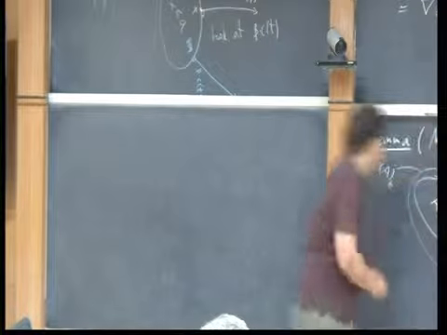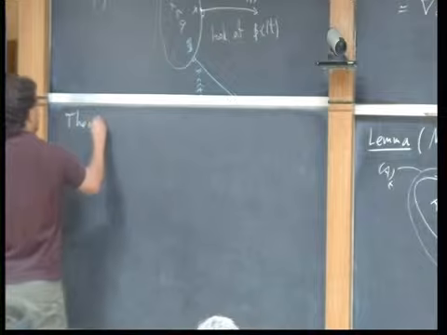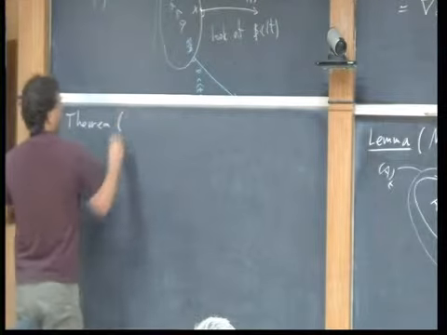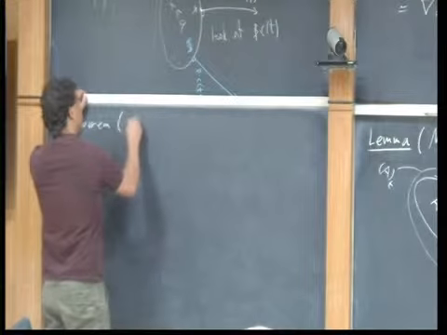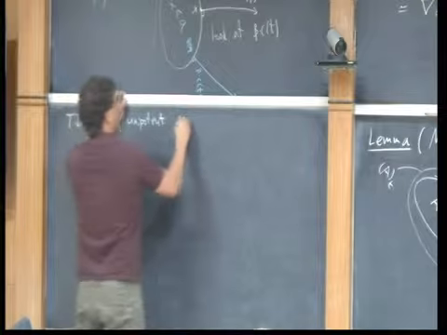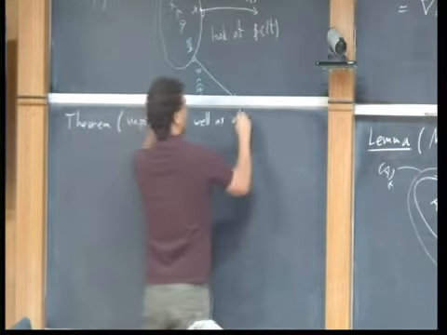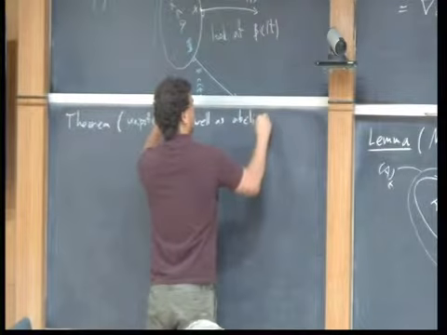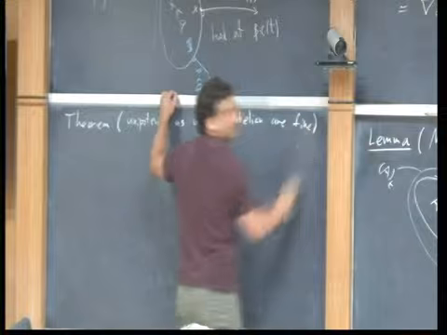And the theorem is as follows. Theorem. Let's call it by name: unipotent as well as abelian alpha. This will be the name of the theorem.